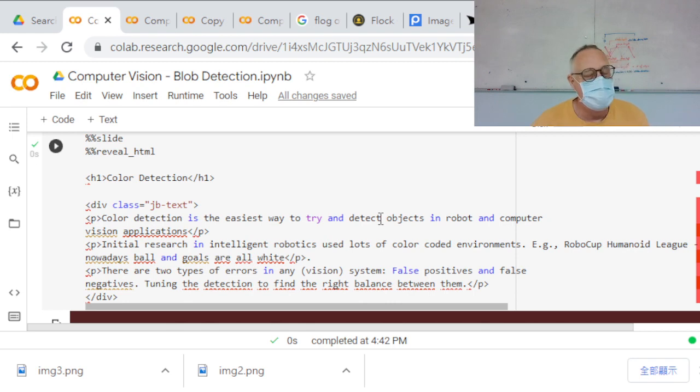It's very important that this balance crucially depends on the application that you're implementing, because one without the other doesn't really tell you anything about the quality of the algorithm.